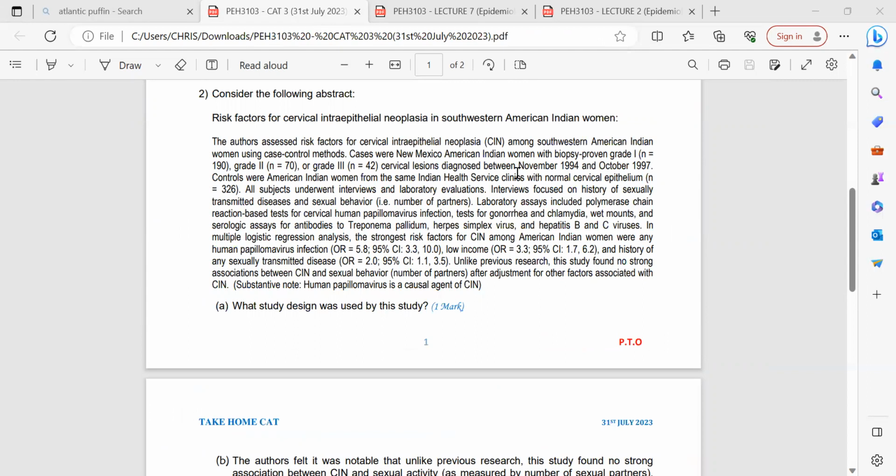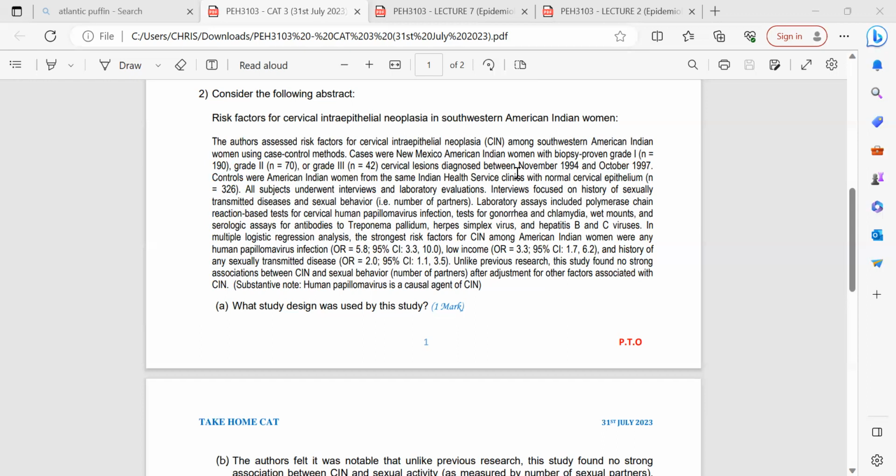The authors assessed risk factors for CIN among Southwestern American Indian women using case control methods. Cases were New Mexico American Indian women with biopsy-proven grade 1, which were 190, grade 2, which were 70, and grade 3, which were 42, diagnosed between November 1994 and October 1997. It's a period of 3 years.